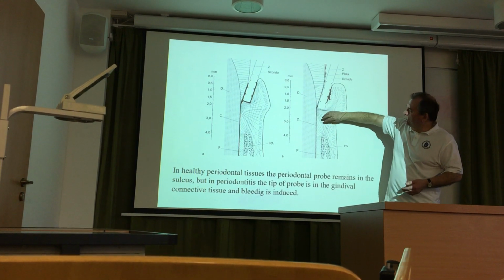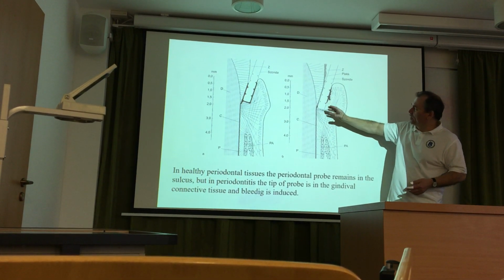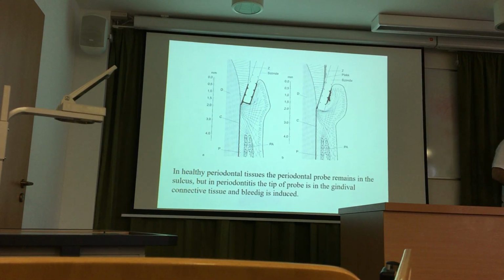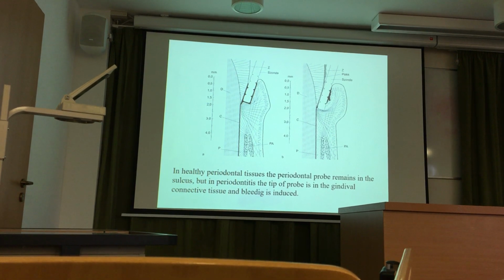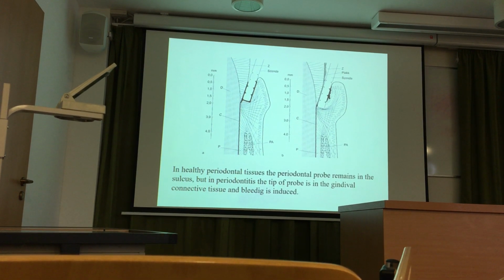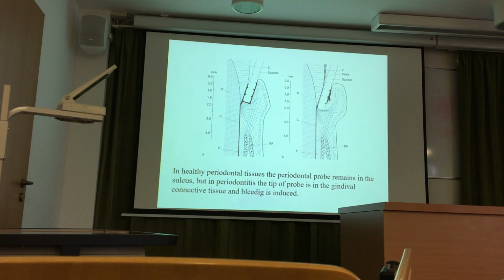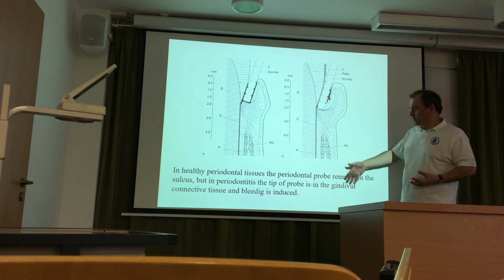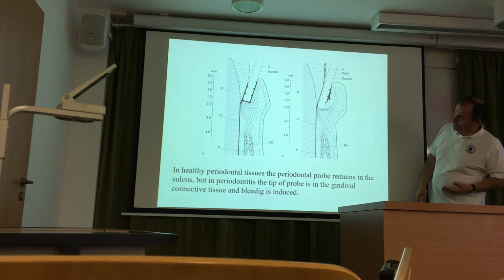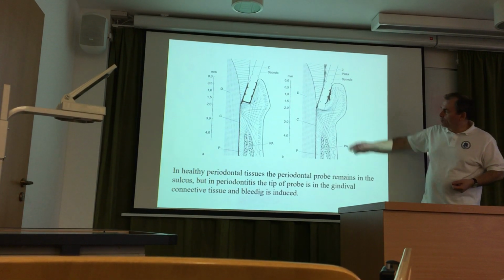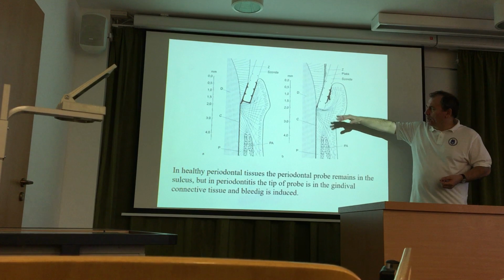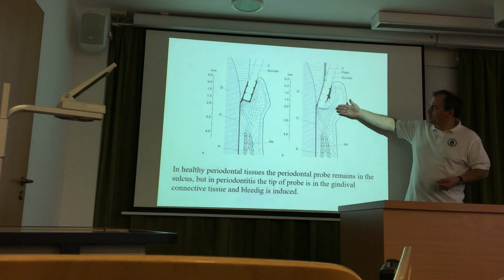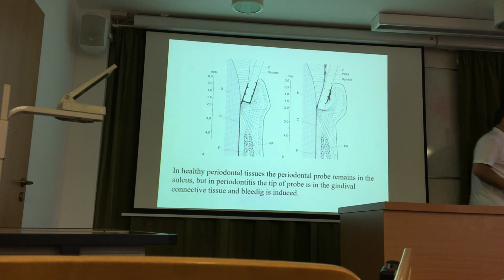But when you have a loose, inflamed situation, in inflammation, of course, we have more bleeding and swollen and loose tissues, and the pocket depth is deeper. So in problematic situations, in inflammation, periodontitis, we have deeper pockets, as you can see here.